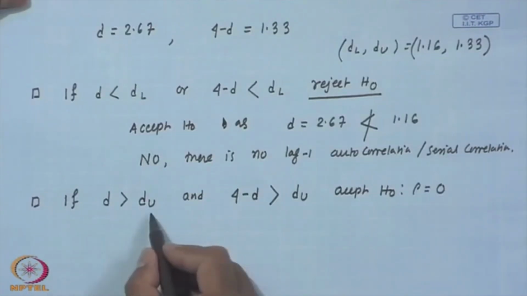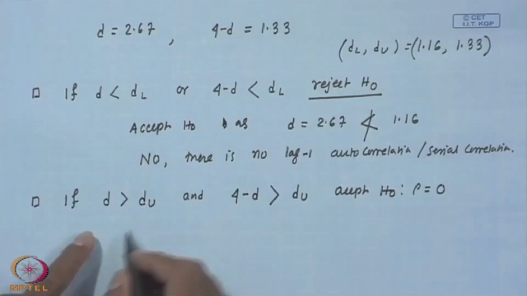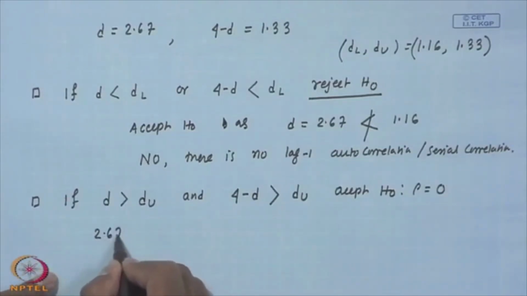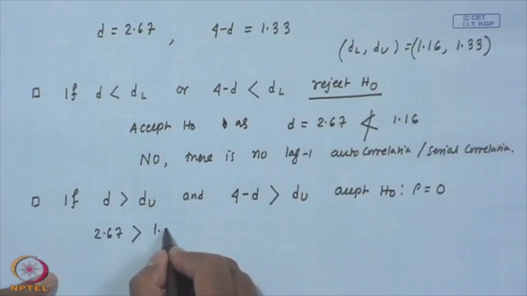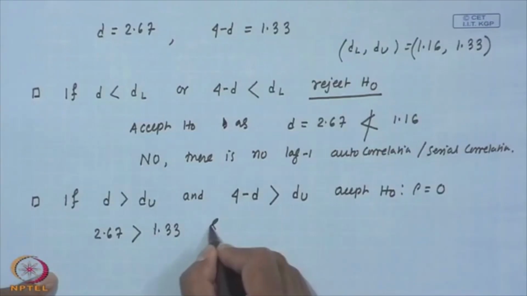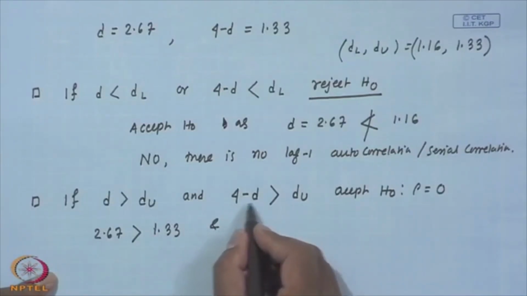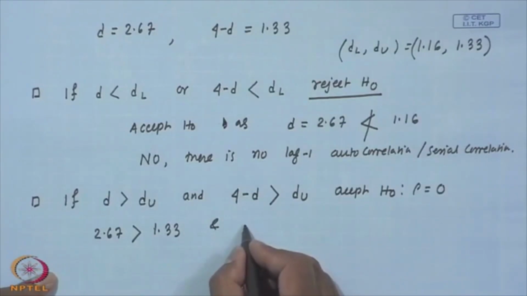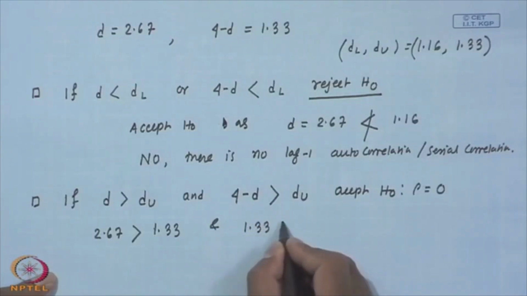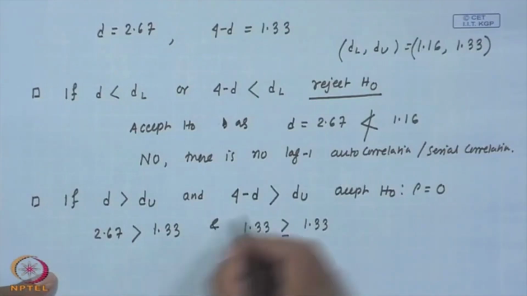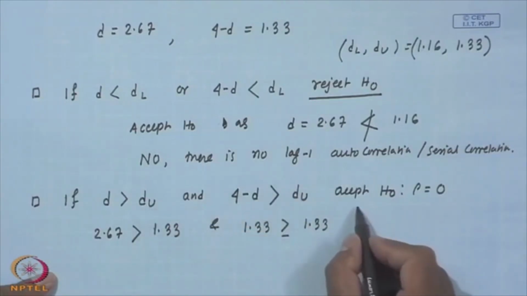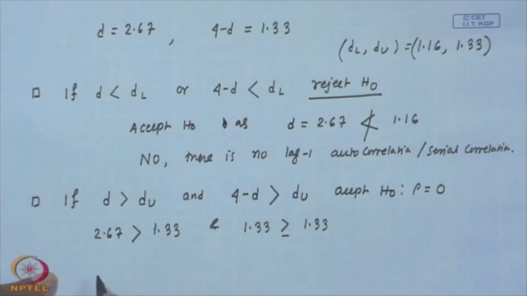So, is d greater than du? Yes, d is 2.67, which is greater than du, 1.33, and also 4 minus d, which is 1.33, is greater than or equal to du, that is 1.33. So both are true, so we accept H naught.